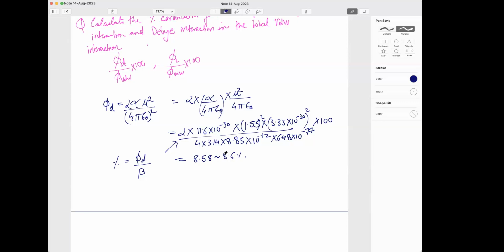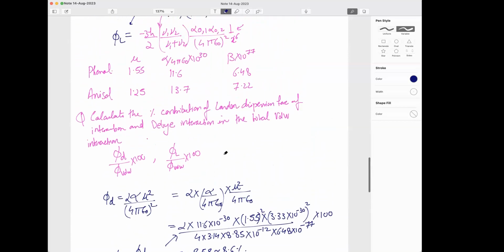You may check that calculation again. Yeah, I have substituted 1.5 instead of 1.55, so maybe that.